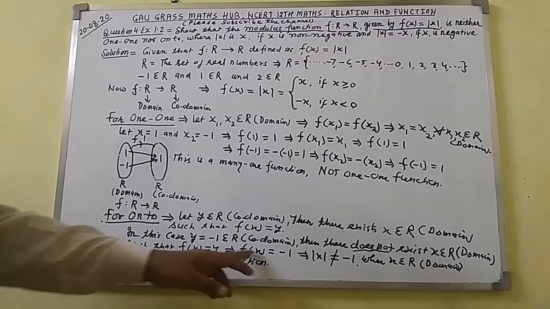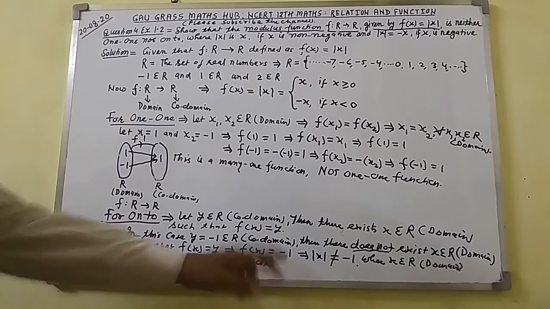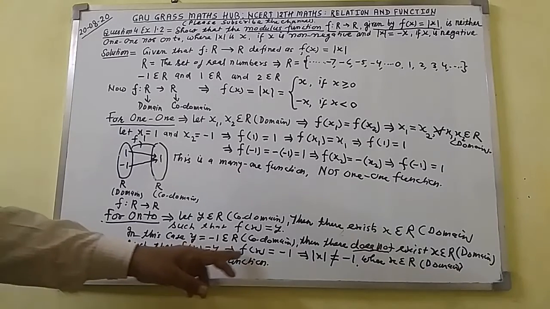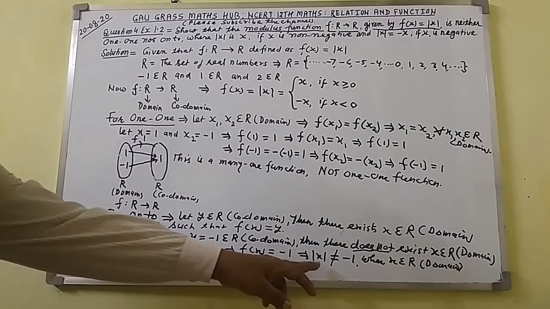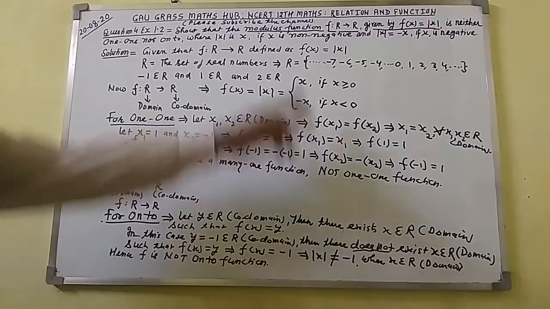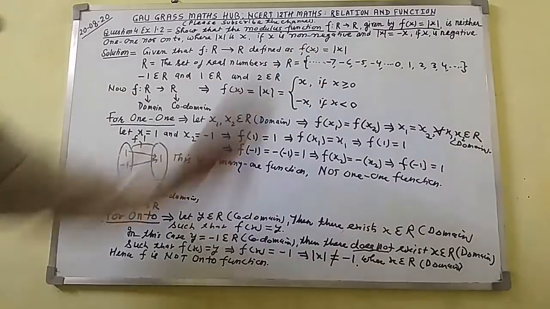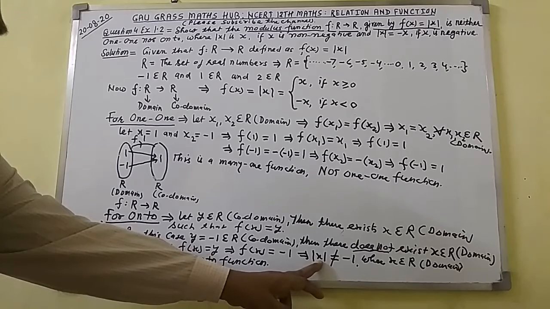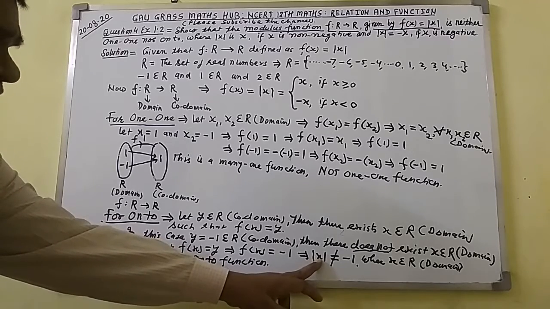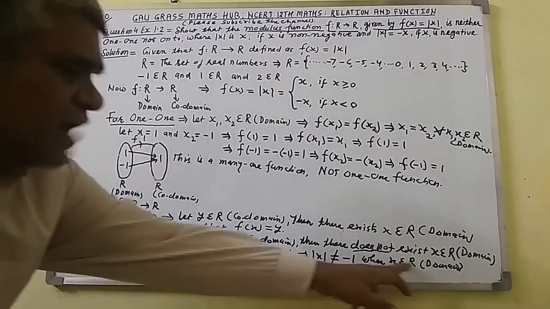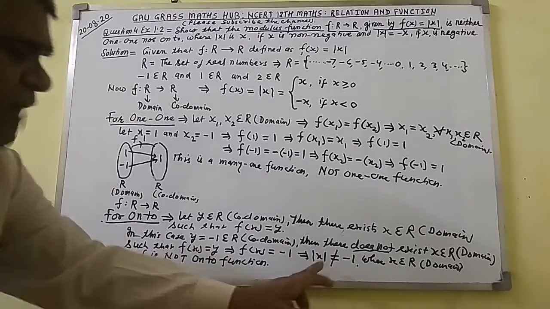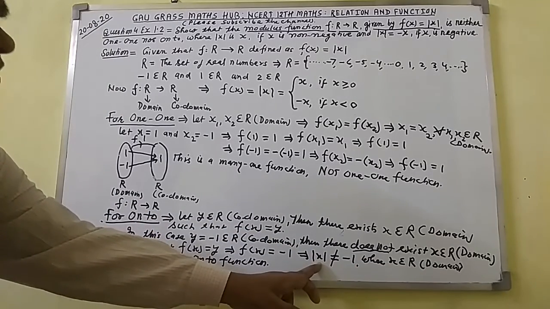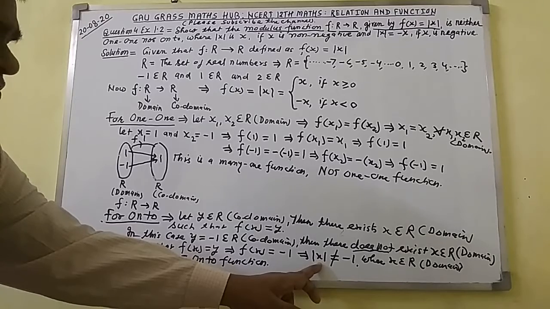f of x equal to minus 1 I have written. So f of x equal to mod x, from here I have taken. If the value of x belongs to capital R domain, the value of x can be either negative or positive.